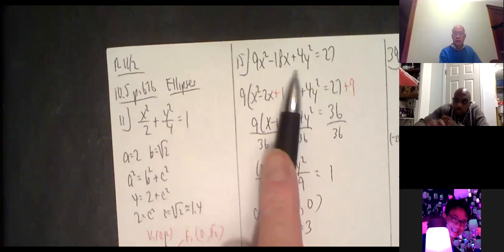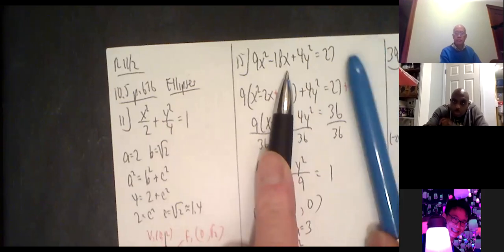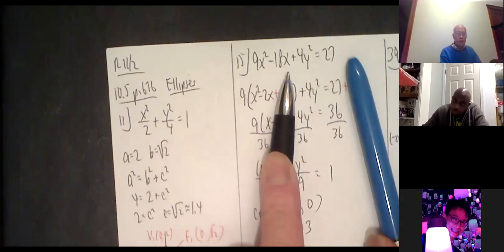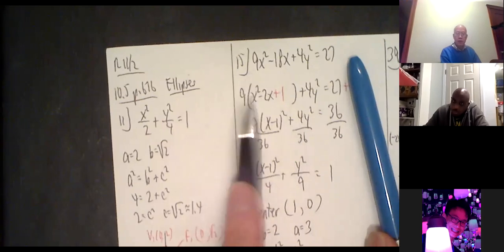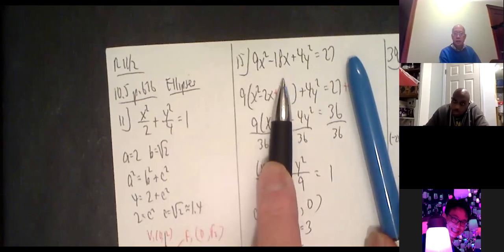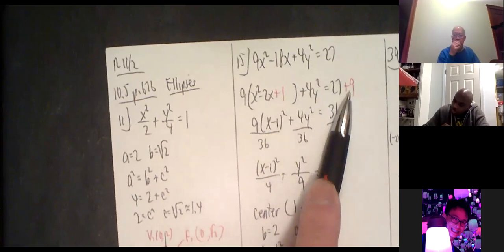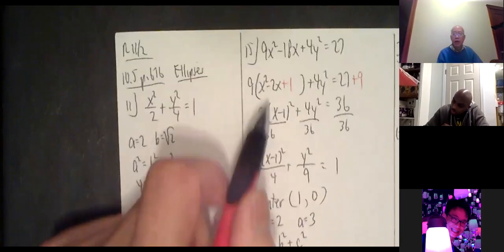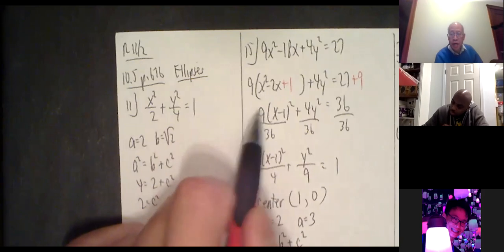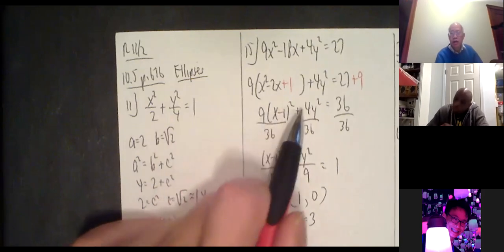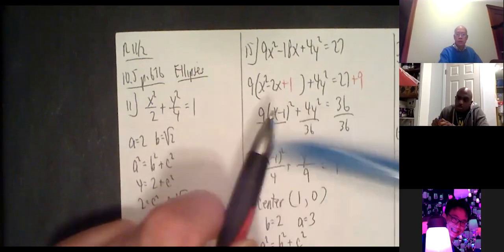You can check. I mean, just take inventory, so to speak. Multiply this out. 9x squared, there it is, minus 18x. There's the 4y squared, there's the 27. Right? So what's new? Plus 1, but if I distribute, it's really plus 9. So plus 9. Okay. Now when I factorize this, 9 parentheses x minus 1 squared plus 4y squared equals 36.